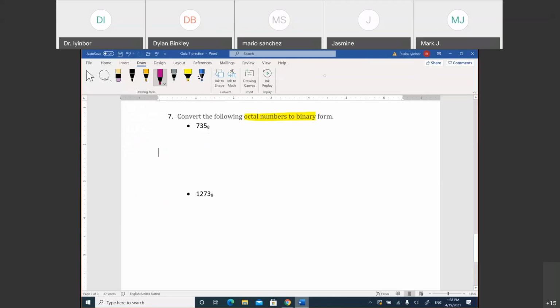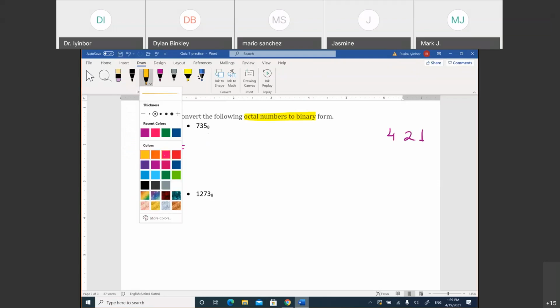We're going to keep the base of the power of 2. So every digit from octal is going to be represented with 3 digits in binary. So it's going to be 4, 2, and 1. So 7 is what? 4 plus 2 plus 1, right?